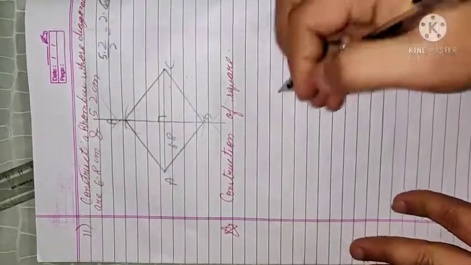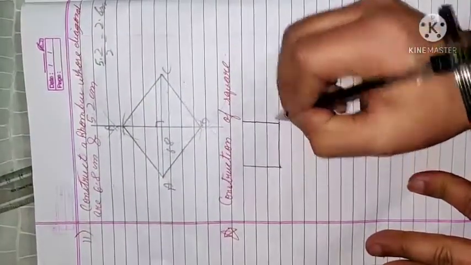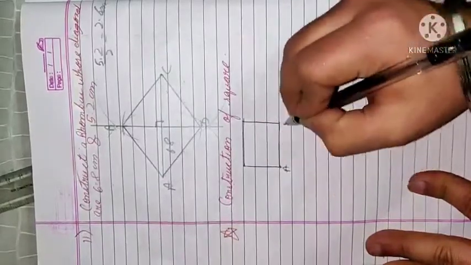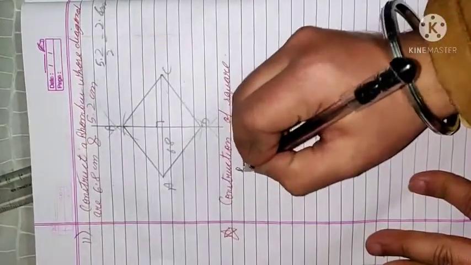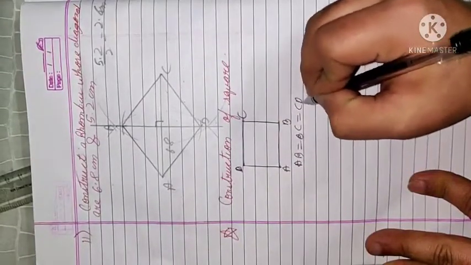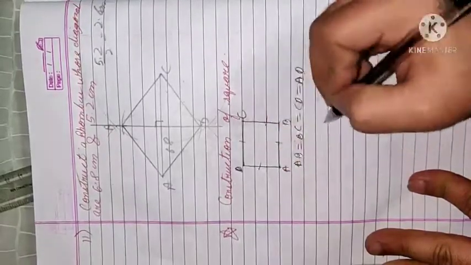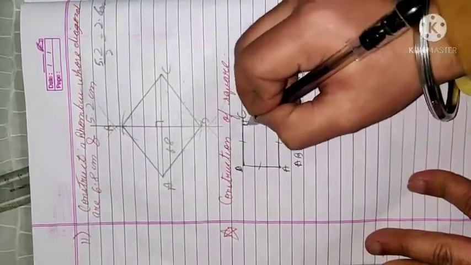So our next is construction of a square. So what is a square? I will tell you the properties of a square. All sides are equal in a square, that is AB equals BC equals CD equals AD. All sides are equal and all are at 90 degree to each other.